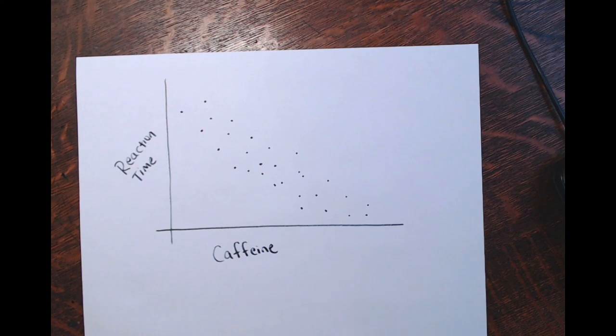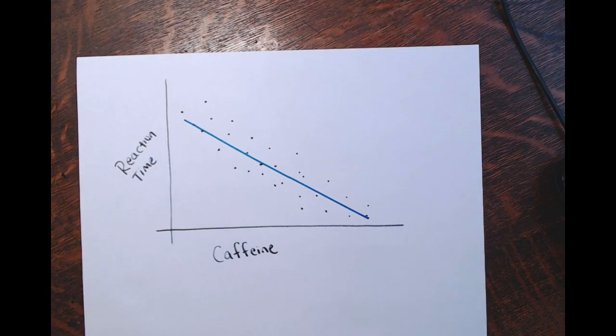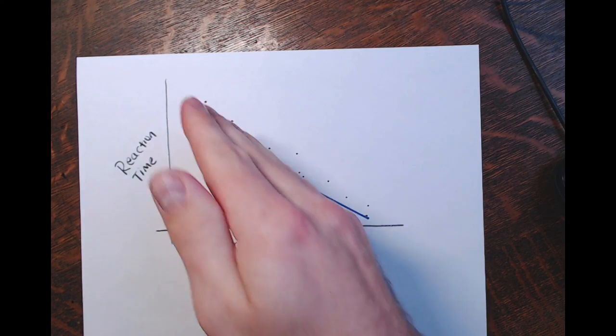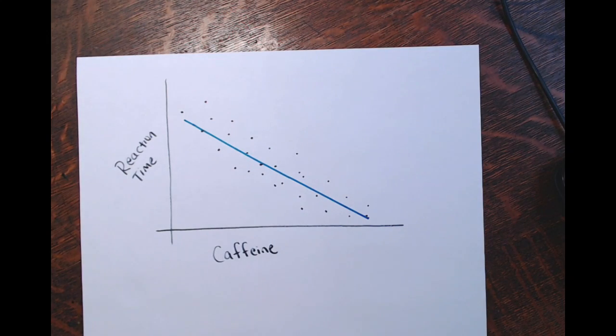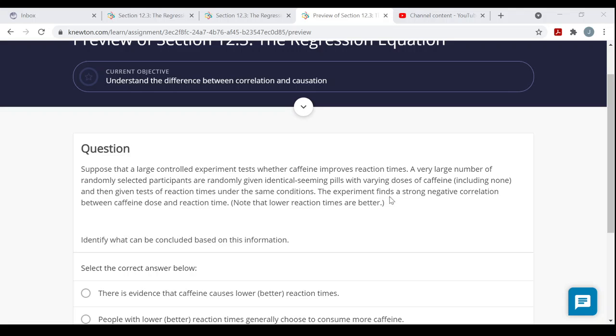And if I were to draw some sort of best fitting line here, that line would have a negative slope. As the caffeine doses increase, the reaction times decrease. They get better, according to what these people saw in their study. So there is a strong negative correlation between caffeine dose and reaction time.